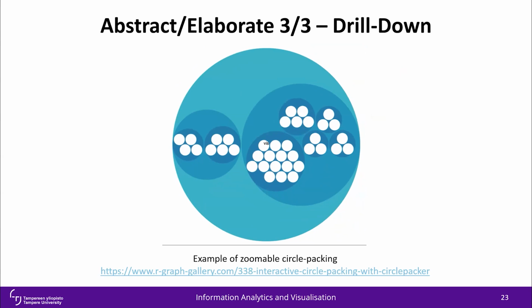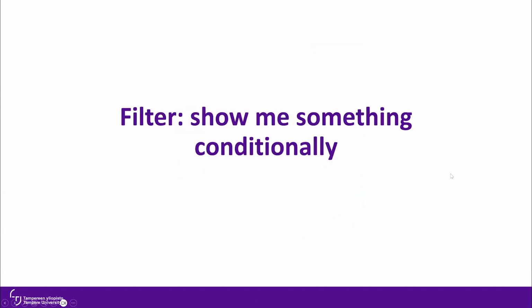Here you can see also the level of detail information, that when zoomed out, we don't show the details, but then we start to show those when we drill down on some of the items.